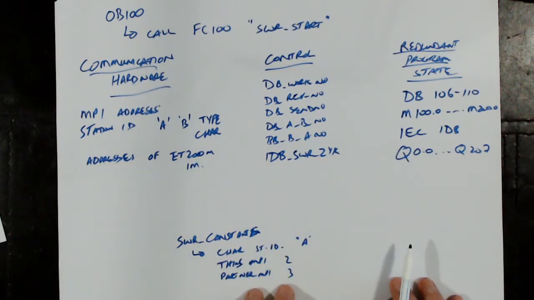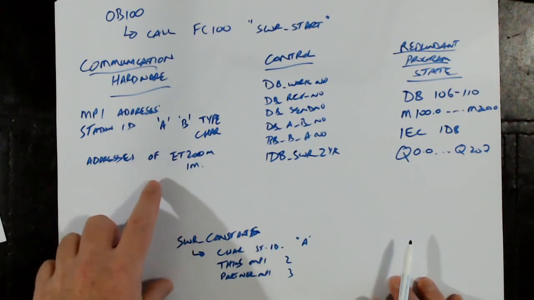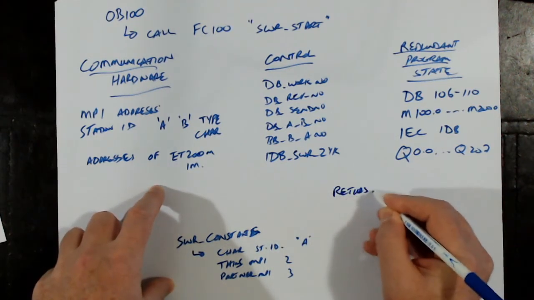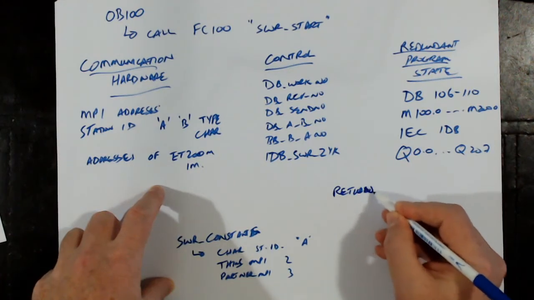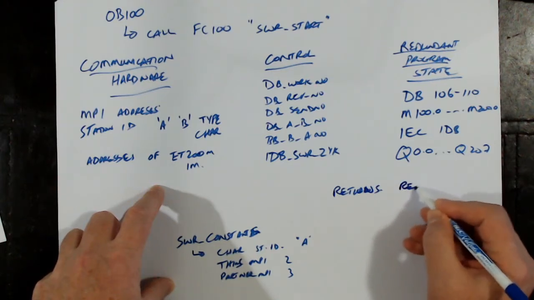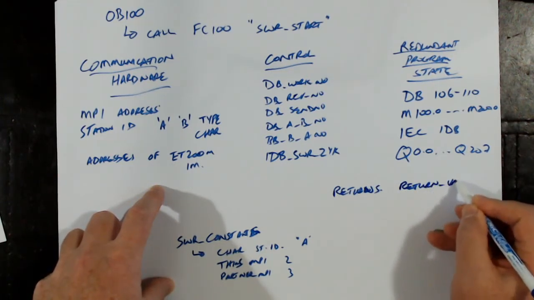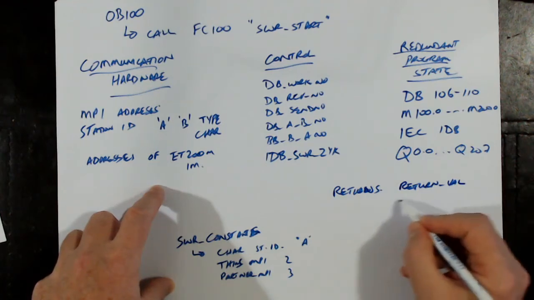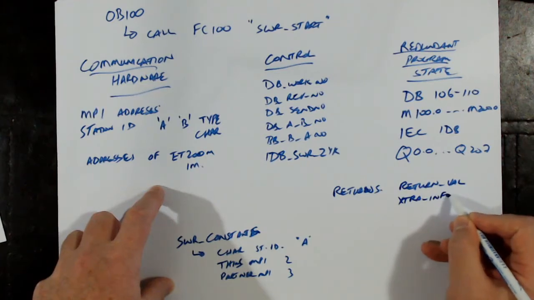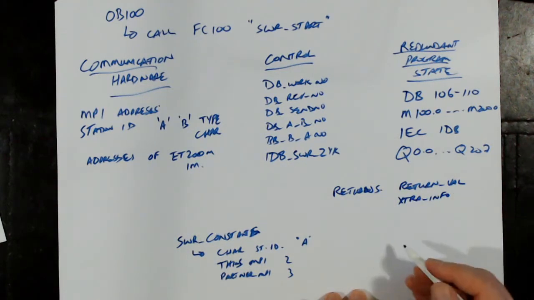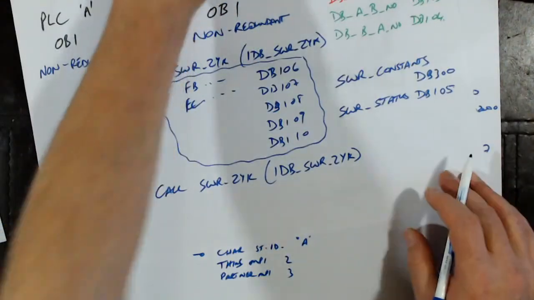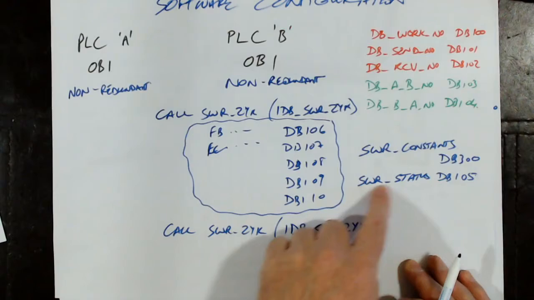Then this returns two words. The first word is called return val, and the other one is extra info. Remember I said when I was talking about the software that I have a software redundancy status DB.